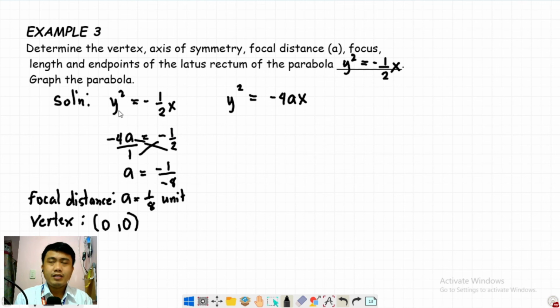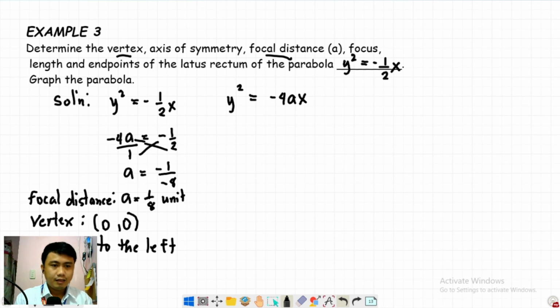When y is squared, it either opens to the left or to the right. Since it's negative, it opens to the left. Okay, we're done with the vertex and the focal distance. The opening was not asked, but I included it anyway.